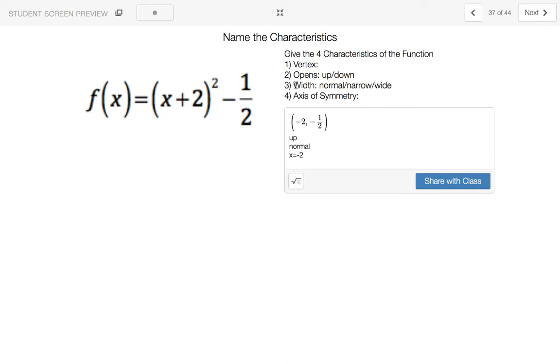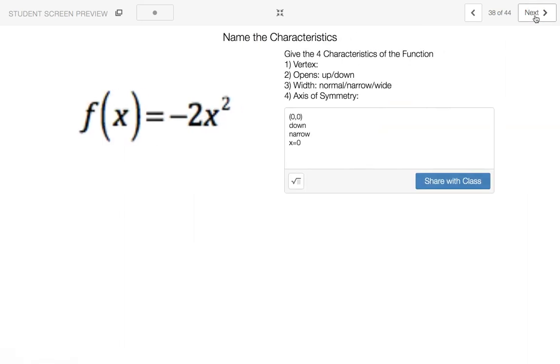Notice this is our first normal. It opens up normal because there is no a value. So it's like a +1. This one has no h or k value. So this is like the parent graph, only it's down and more narrow.